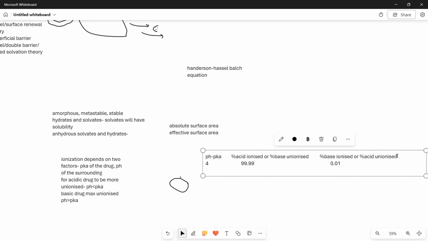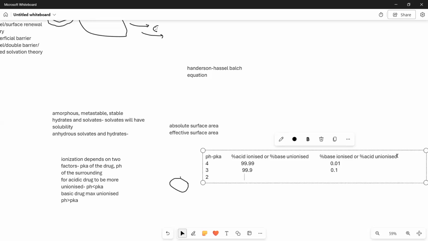If the difference is 3, then the value here is 99.9, and the value here is 0.1. If the difference is 2, the value here is 99, and here the value is 1.